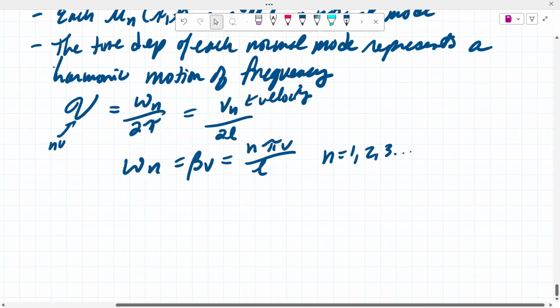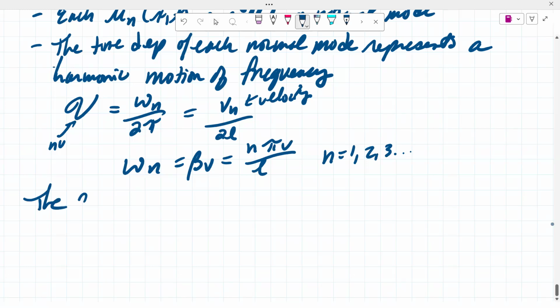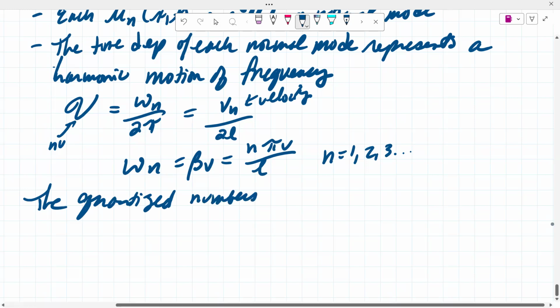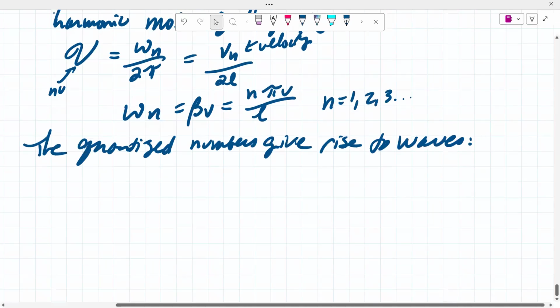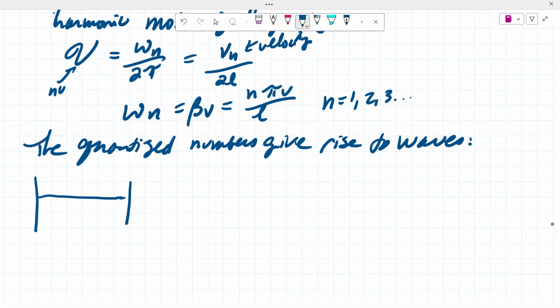The quantized numbers are going to give rise to the different waves, so it's going to look like this. I'm going to draw a couple of waves here.